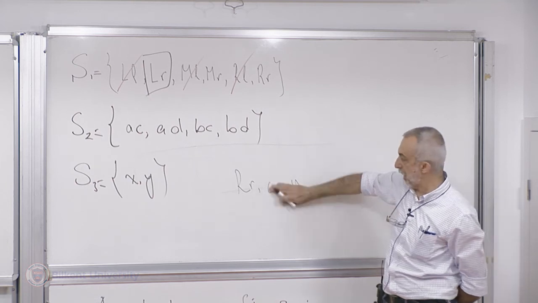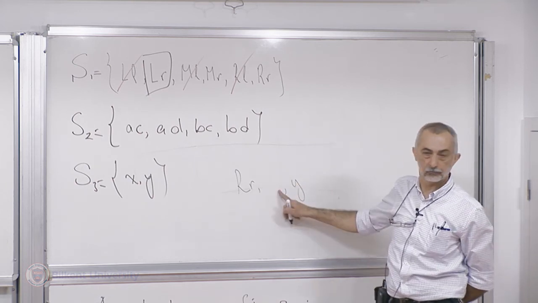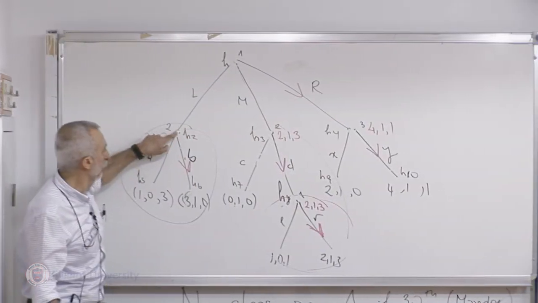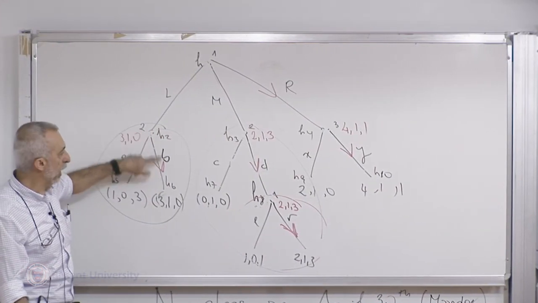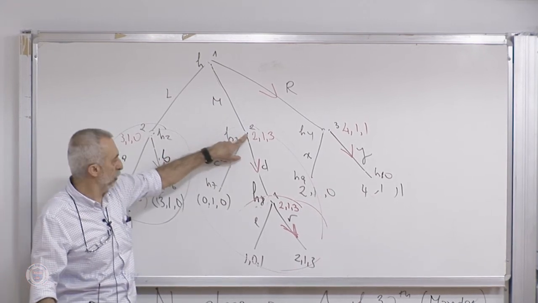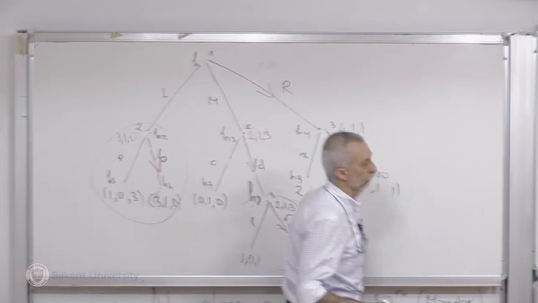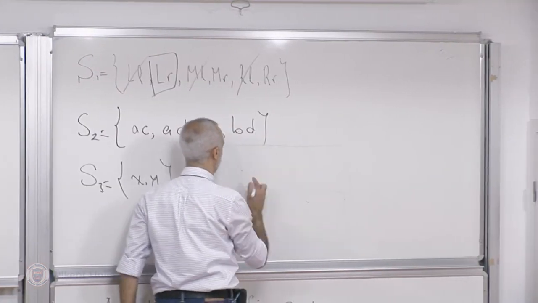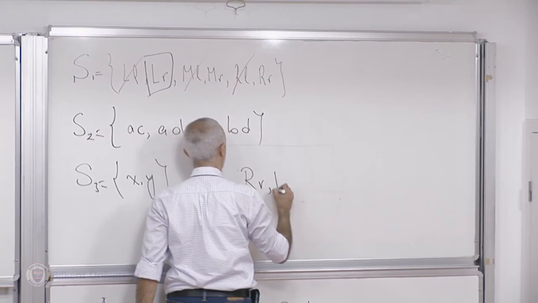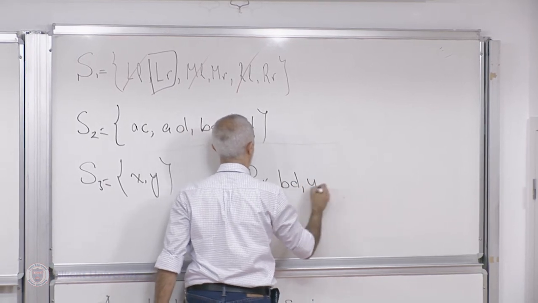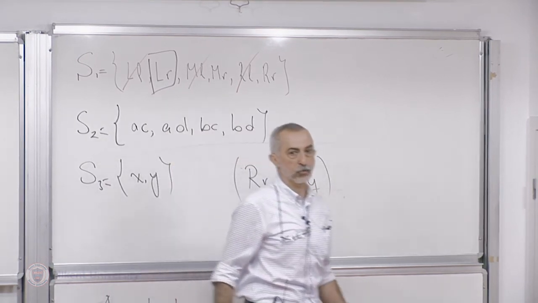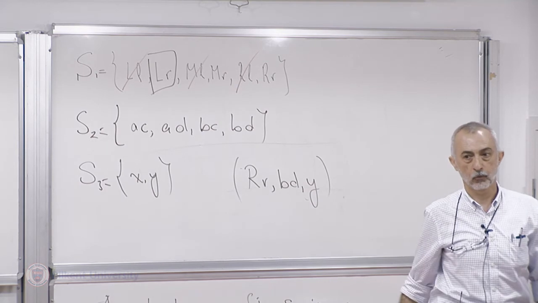Okay? So the strategy that we have is, at this information set, player 2 takes the action B. At this information set, takes the action D. Okay? So what we have is, now this is a strategy profile. What I initially wrote was not.